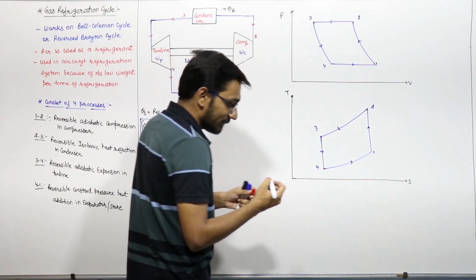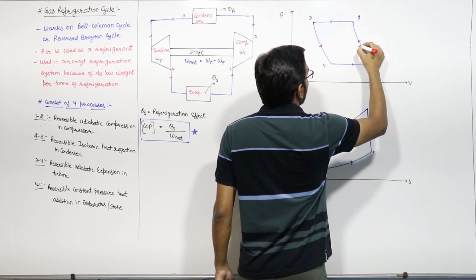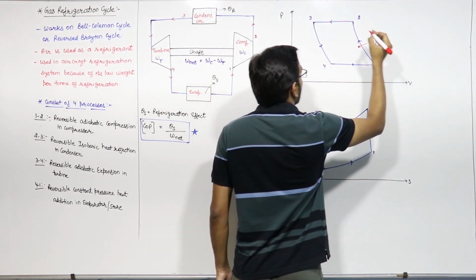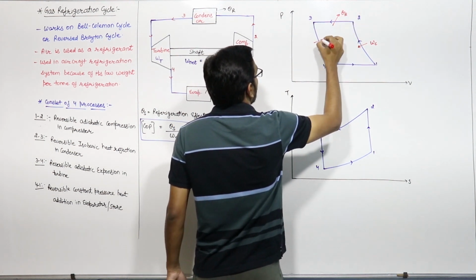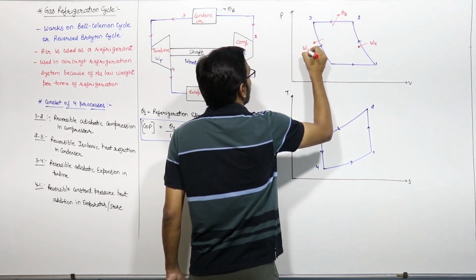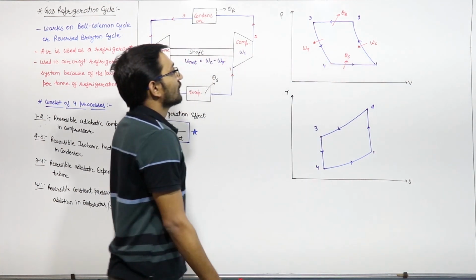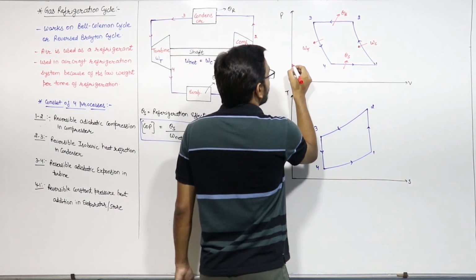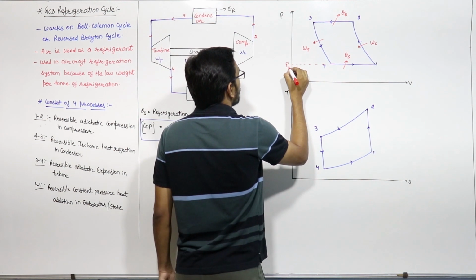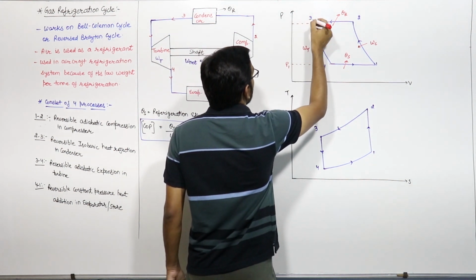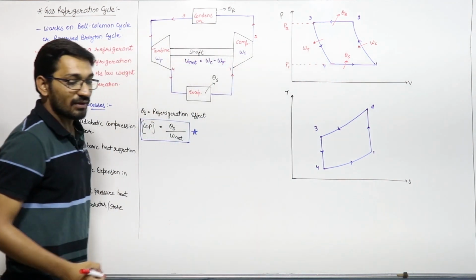Now here the work is consumed by the compressor, WC, heat is rejected, QR, there is work done by the turbine, and heat is supplied, QS. Let us say this constant pressure is P1 and this constant pressure is P2, so the cycle is working between P1 and P2.